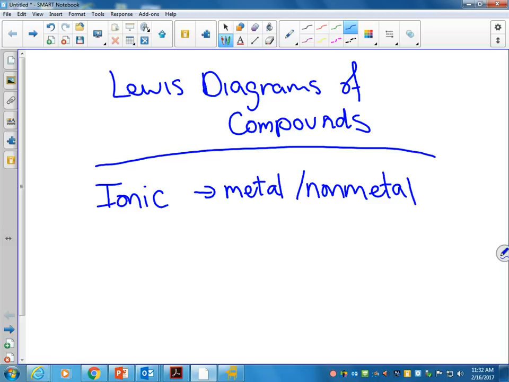Good. They take electrons or they give electrons. One person is always the giver and one person is always the taker. Right? Which one gives and which one takes? So this is the give and take of electrons.